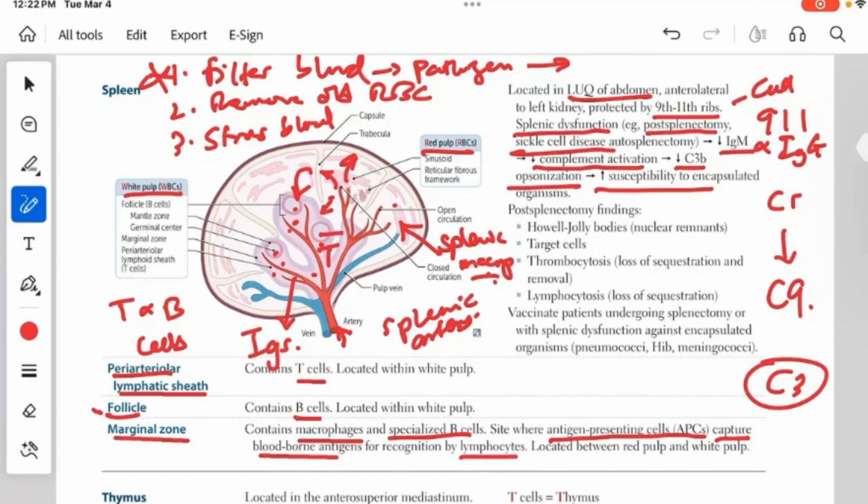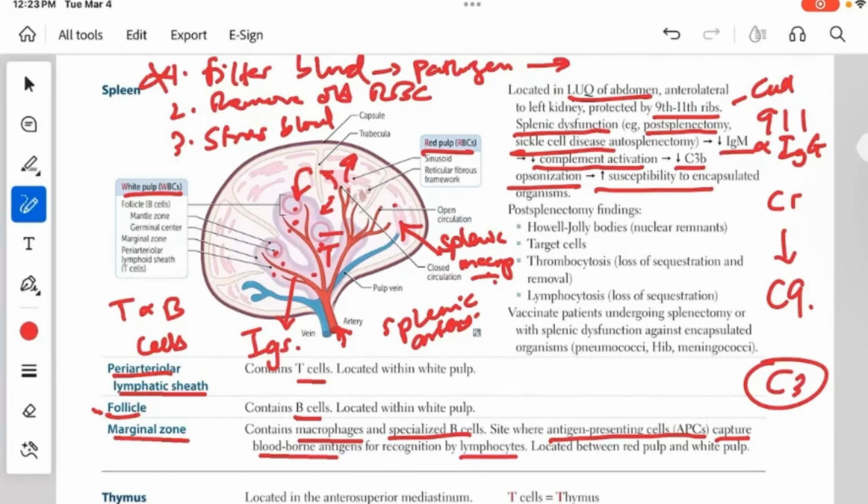It produces immunoglobulins, like IgG, IgM, that attach to the bacteria and activate complement. And those complement proteins will allow the bacteria to be digested by phagocytes, that's white blood cells that eat up foreign pathogens, okay? Particularly encapsulated bacteria or organisms.